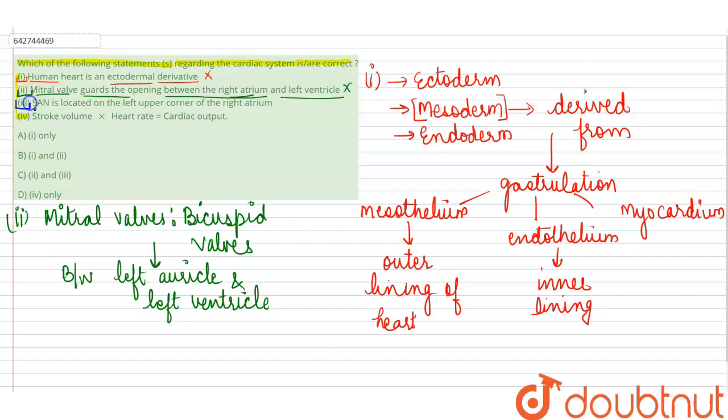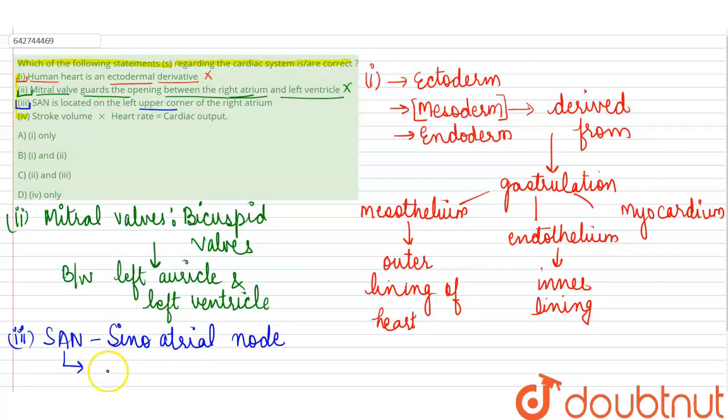The third statement says that SAN is located on the left upper corner of the right atrium. This statement is incorrect. SAN refers to the sinoatrial node.